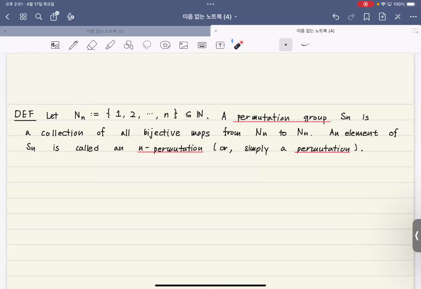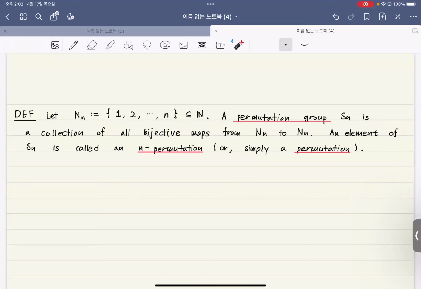Do you know what I mean by bijection? Simply speaking, a bijective function builds a one-to-one correspondence between the target space and the domain space. In this case, my target space and domain space are the same thing. Every element has to be mapped to some other element, and there are no two different arrows that come to the same target.